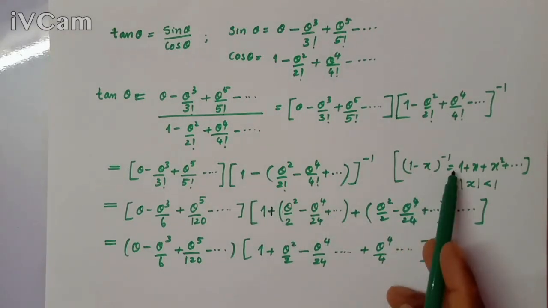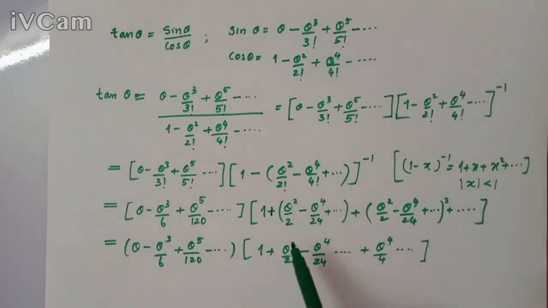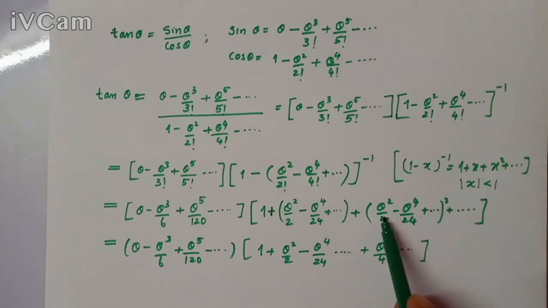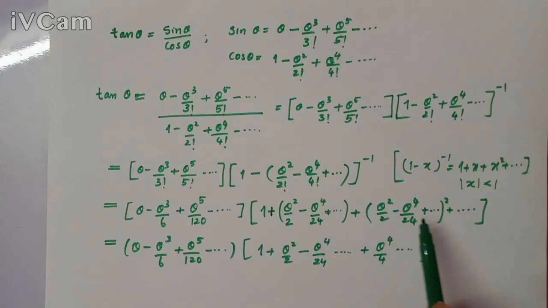This is 1 plus x plus x square, etc. So 1 is here, and I write this term itself here. And from this, I can get the least degree term, theta raised to 4 by 4. That is the square of the first term. The rest of the terms have power greater than or equal to 5, so we neglect those terms.